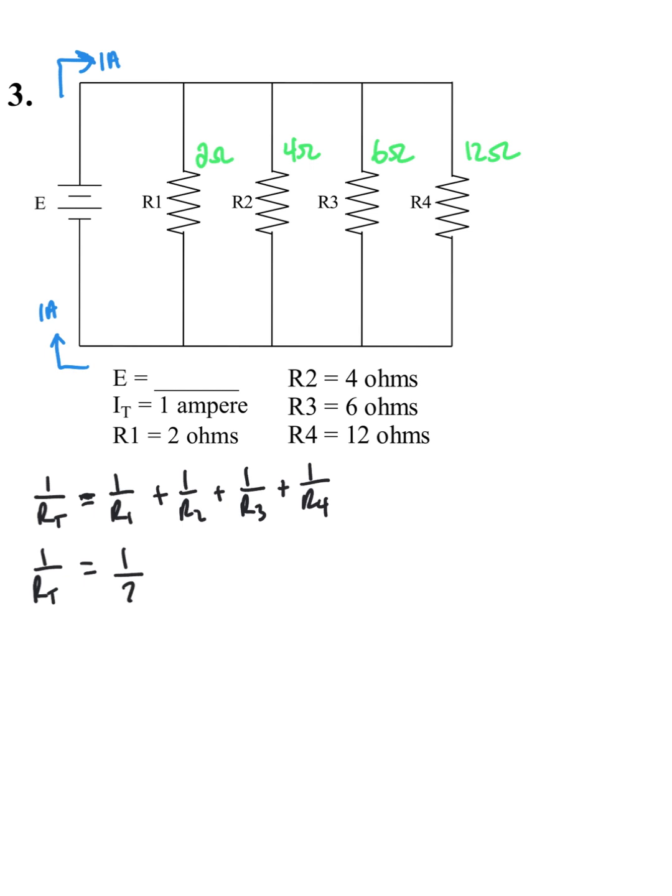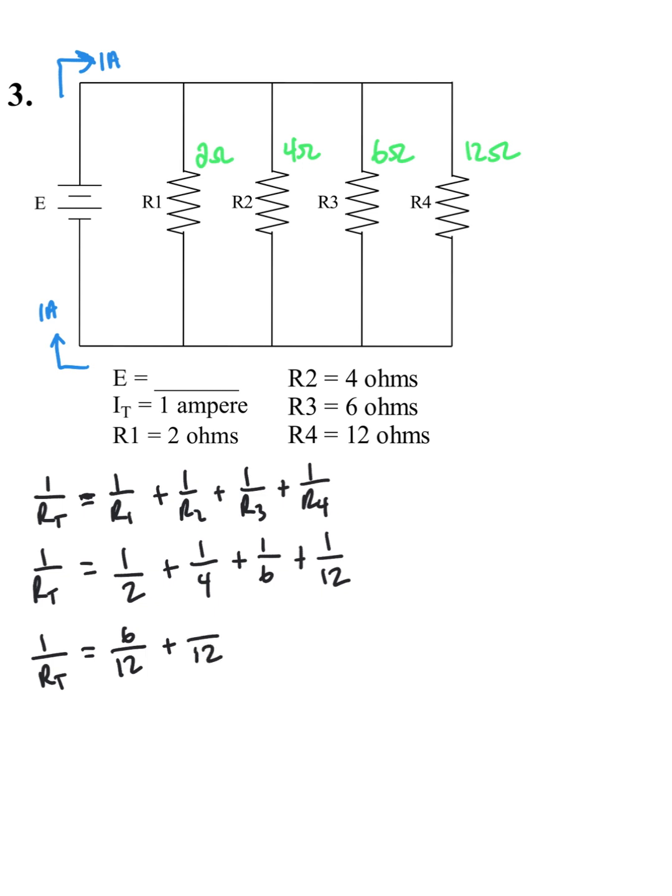And so this would be 1/2, and then 1/4, 1/6, and 1/12. And then we need a common denominator. So 2, 4, 6, and 12 will all go into 12, right? So if we put 12 here, 2 goes in 6 times.